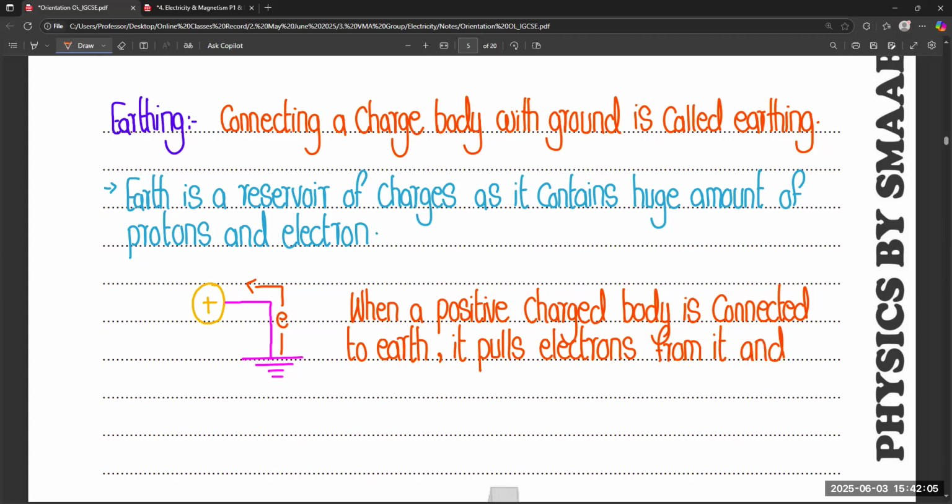So electrons transfer from the earth to the sphere and the sphere becomes neutral.